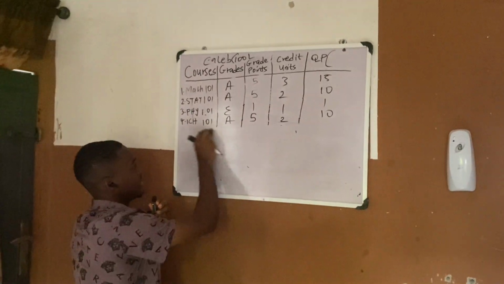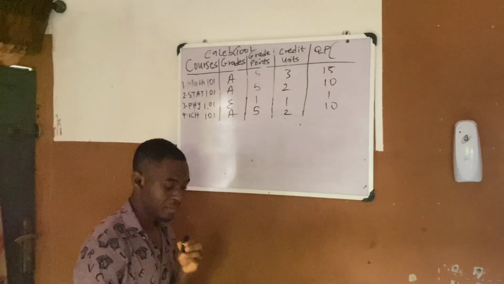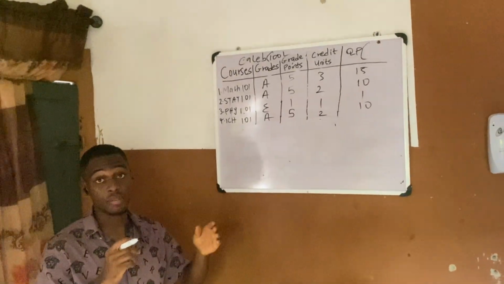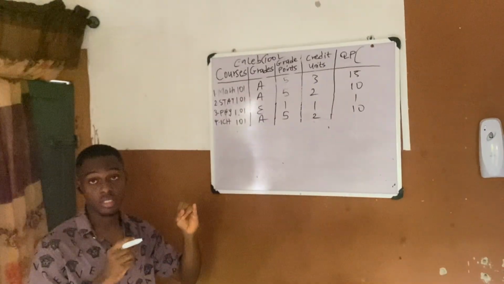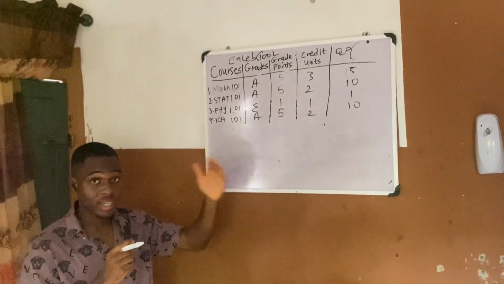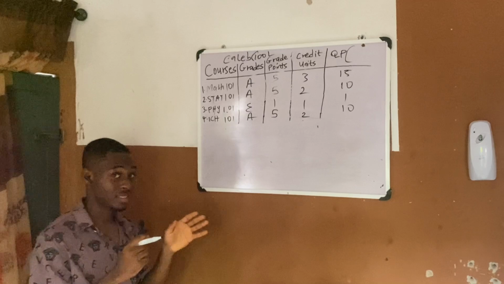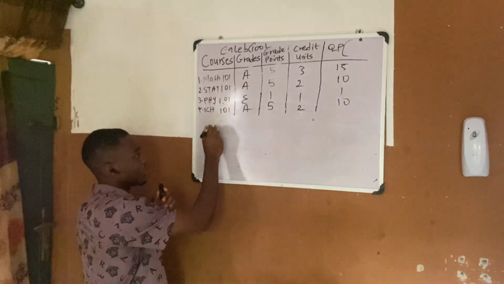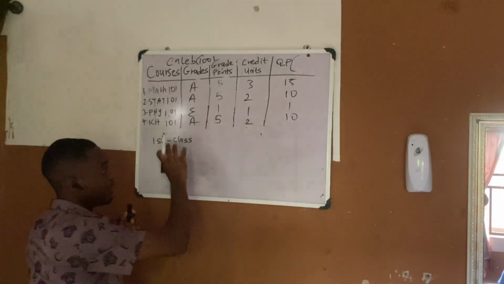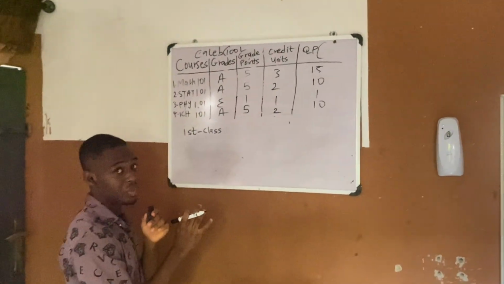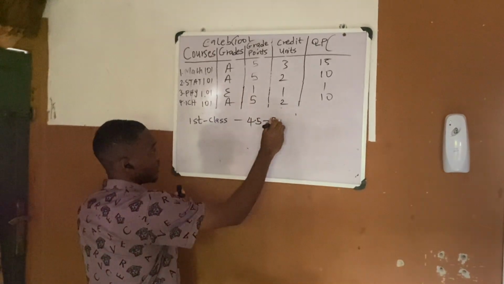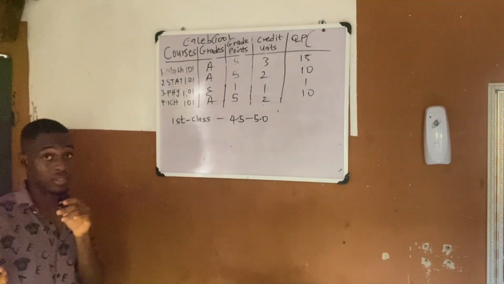So in Nigeria, we have degree classifications. If you're in any university in Nigeria, we have what we call a first class, a second class, a third class. The second class is both second class upper and second class lower, then third class and pass. So basically, when you hear that someone has a first class, it means the person has maintained a CGPA of not less than 4.5 to 5.0 consecutively.